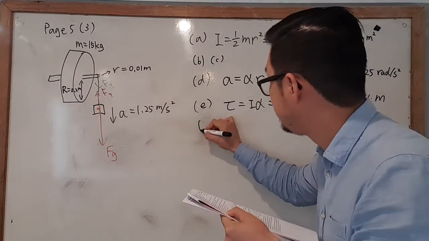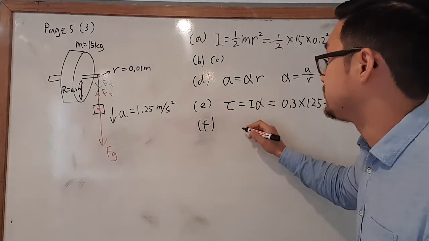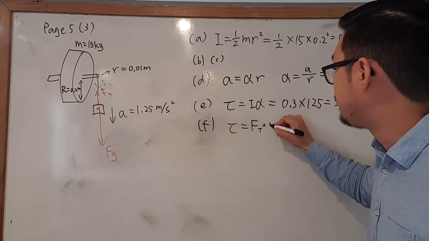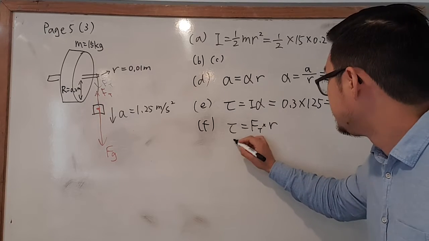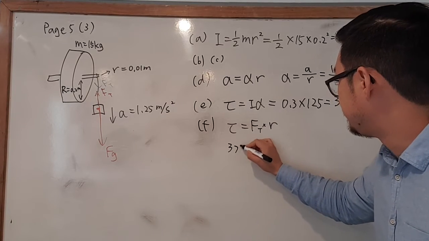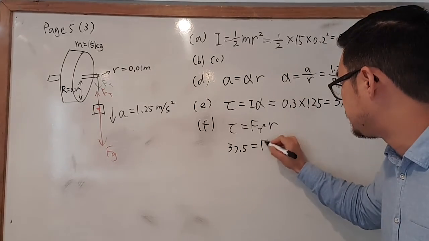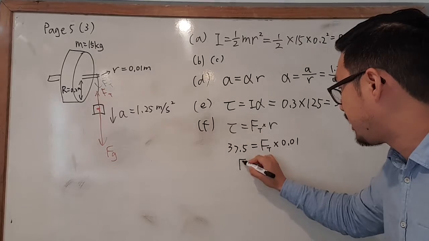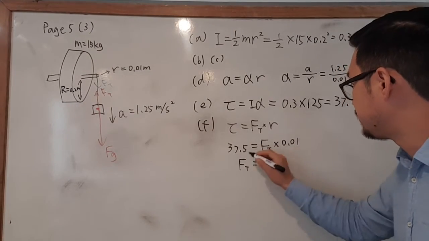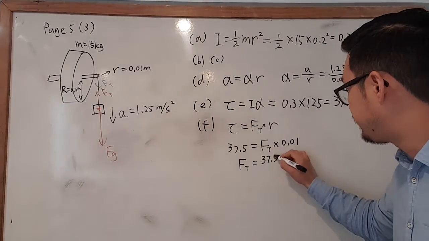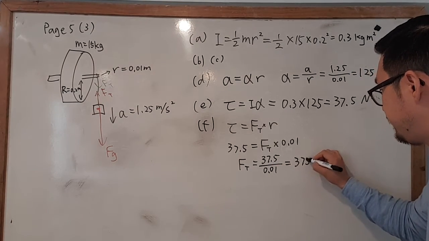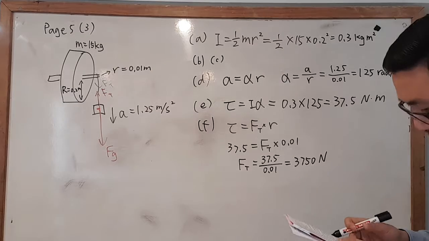Question F asks about the tension force now. Torque equals the tension force times the radius, which is the little r. So 37.5 equals tension force times 0.01, so the tension force equals 37.5 divided by 0.01. That gives me 3750 Newton.